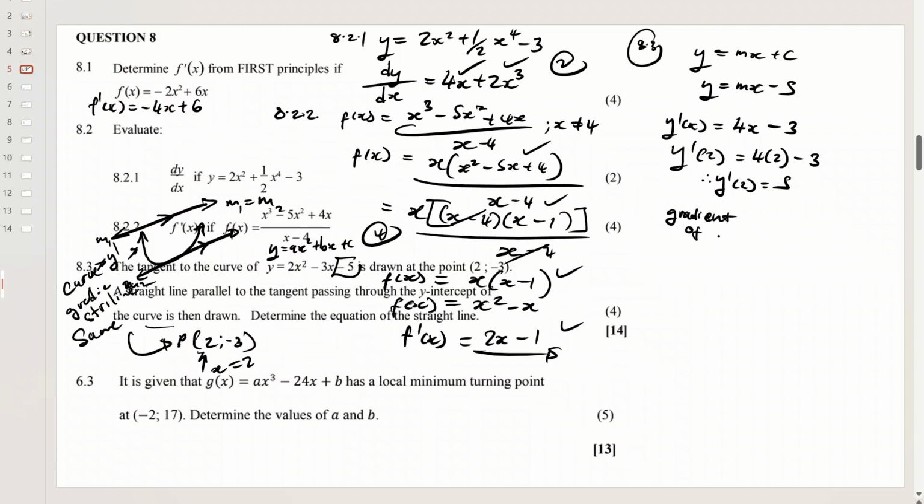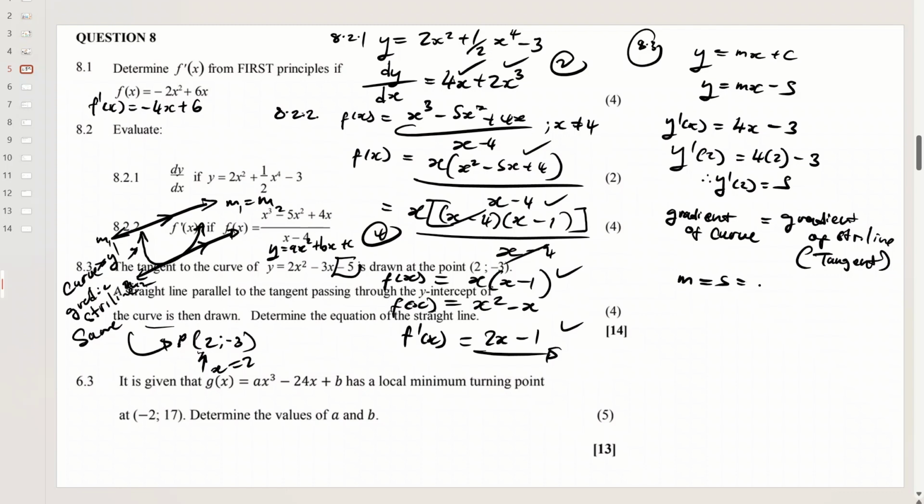So now the gradient of the curve is the same as the gradient of a straight line, which is the tangent. So it means now your straight line has m equal to 5.